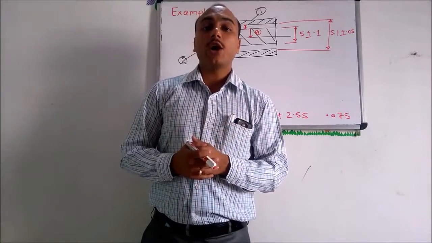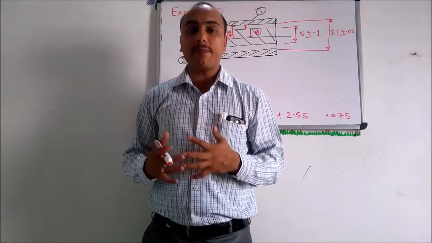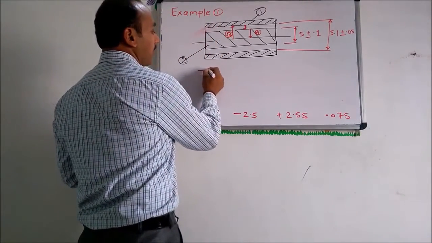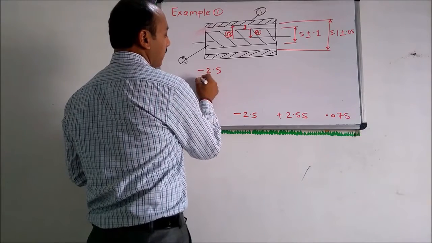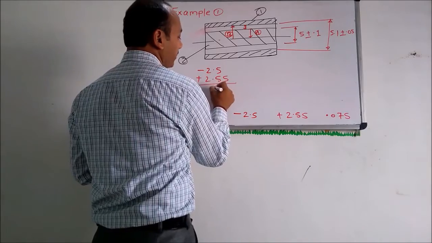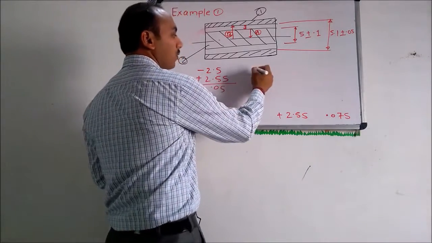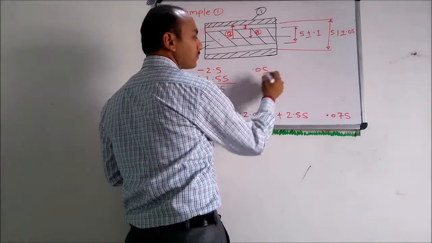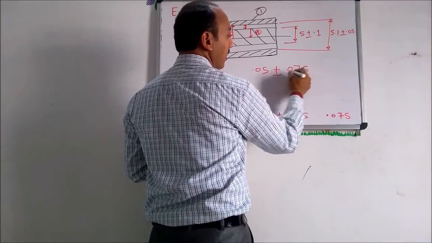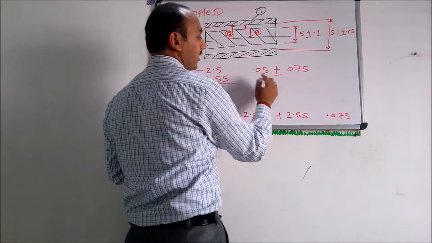Now to find the minimum and maximum gap between these two, we will add these two, that is minus 2.5 plus 2.55, that would be 0.05. So 0.05 plus or minus 0.07 is the gap we are going to get.